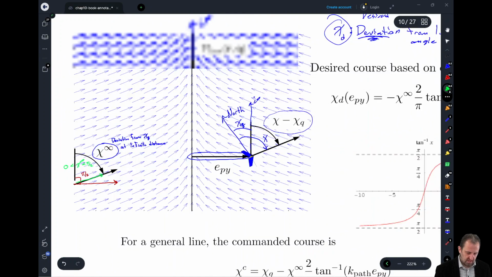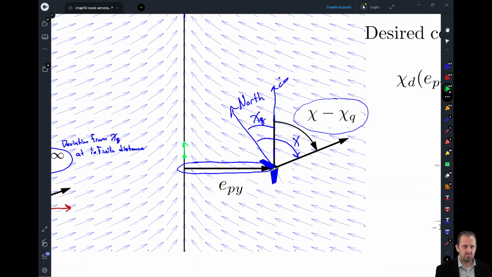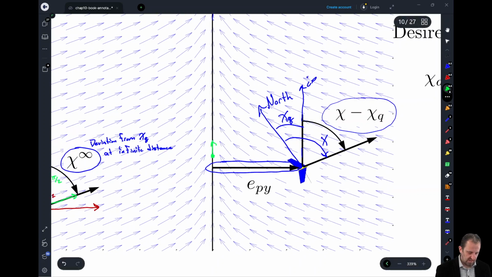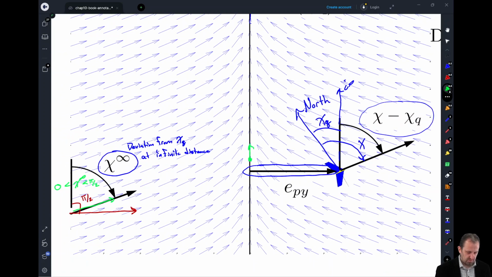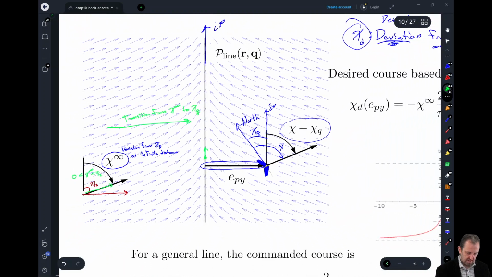So as we get closer and closer, if we were right along the line, at this point, we would want to move right at χ_q. So we want to transition from this χ_∞ to χ_q. As we go over, we want to transition from χ_∞ to χ_q.